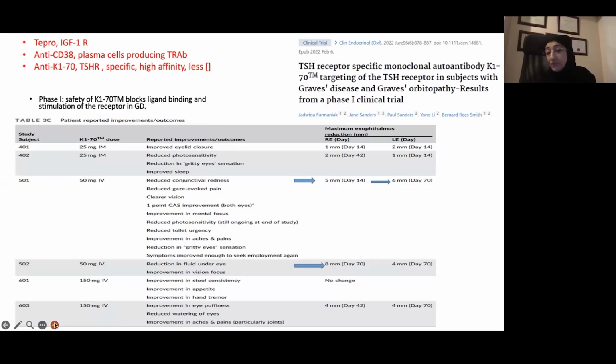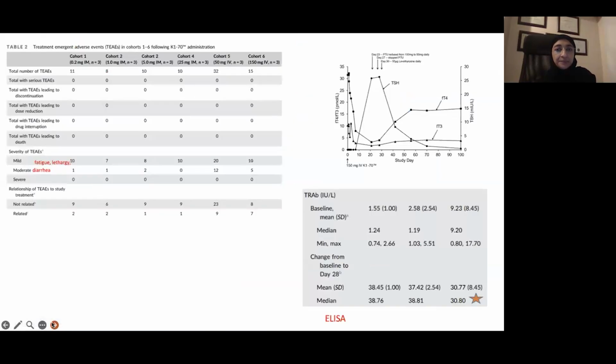Talking to ophthalmoplastic surgeons, our colleagues in practice, they haven't achieved or seen this result using teprotumumab. So this is a really promising medication for severe eye disease. The main side effects of this monoclonal would be fatigue, lethargy, and diarrhea.